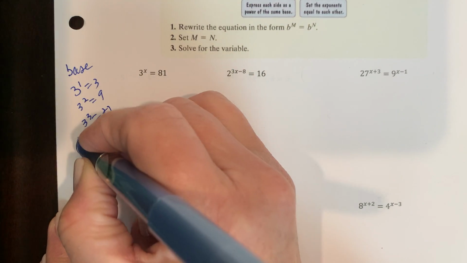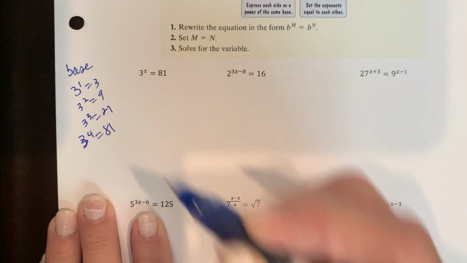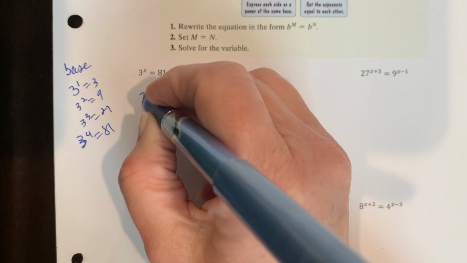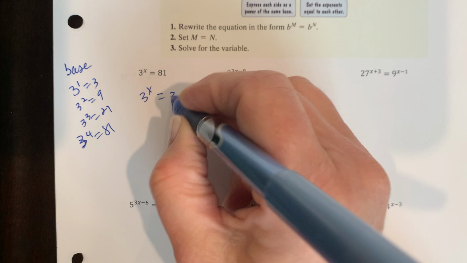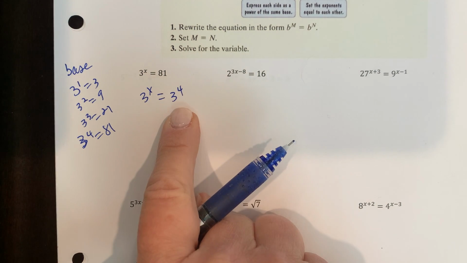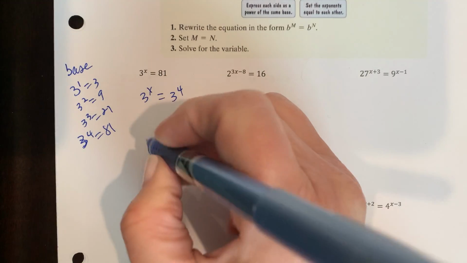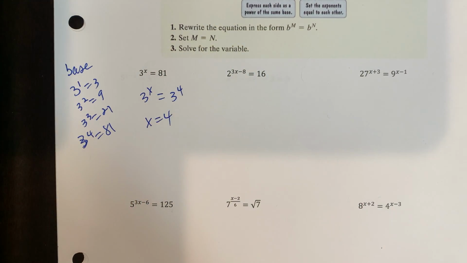And 3 to the fourth is 81. Oh, okay, so here we go. We've got a winner. So I can leave this 3x and then 3 to the fourth. And as soon as the bases are equal, then you can set the exponents equal to each other. So then that turns into x to the fourth.